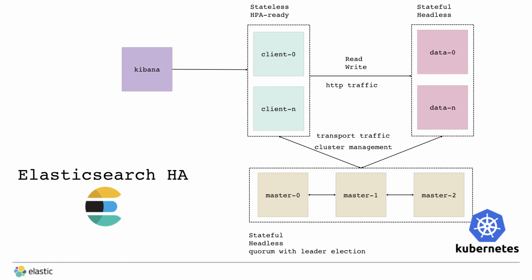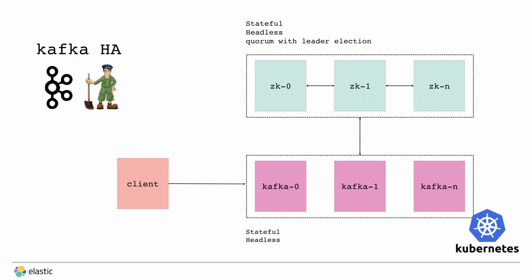So this guy is stateless, and then we've got the stateful ones, and that is the flow of communication. If we were to do the same with Kafka, we've got something similar. We've got to have a quorum of the brokers down here that are stateful, and the same quorum configuration with Zookeeper.